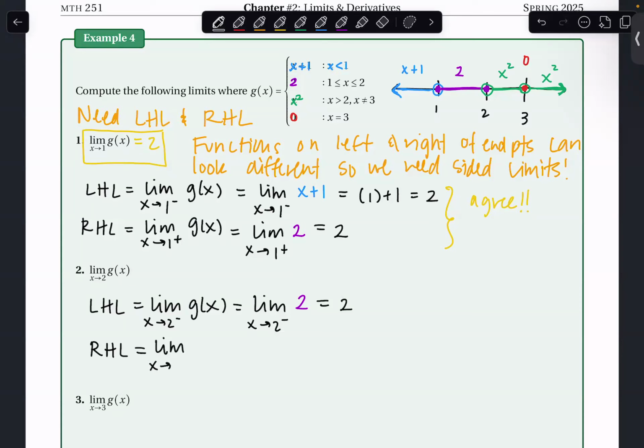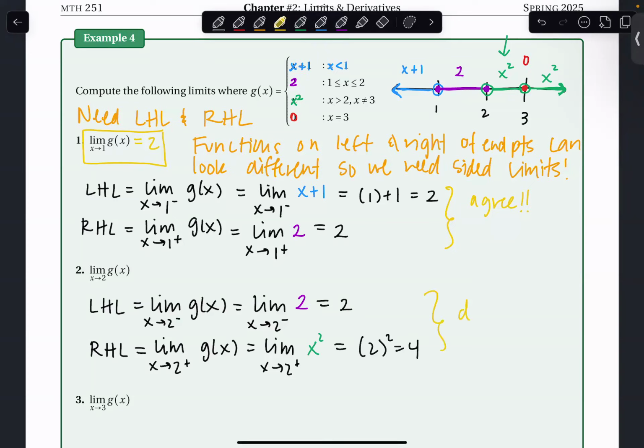Okay, so now I want to see what happens on the right-hand side. And now here to the right of 2, I'm using the function x squared. So this is what I have here. And now this is a polynomial, so I can just plug in my value. And this gives me 2 squared or 4. So now I'm seeing here that these don't agree.